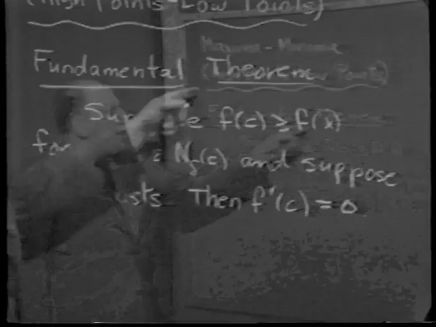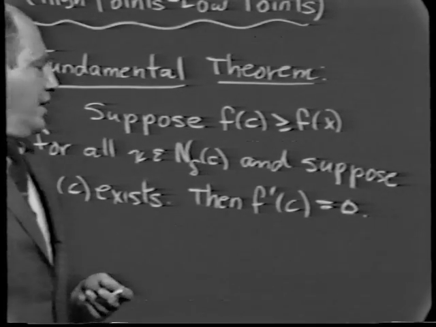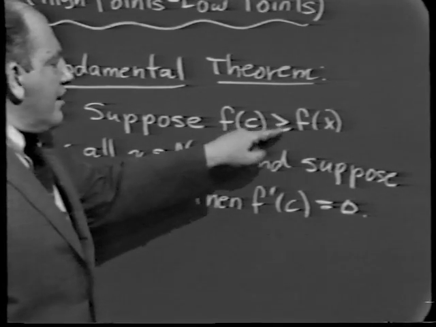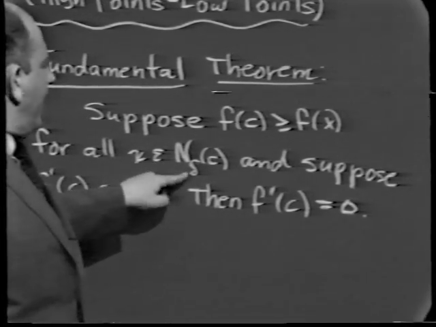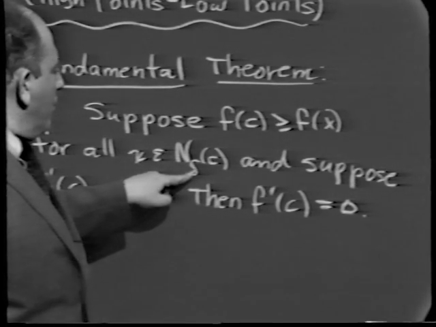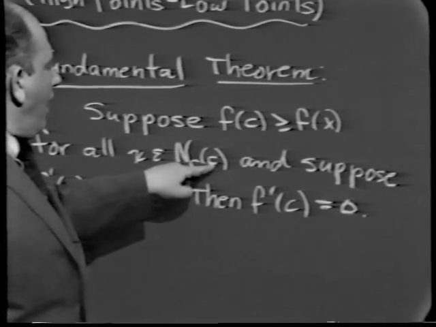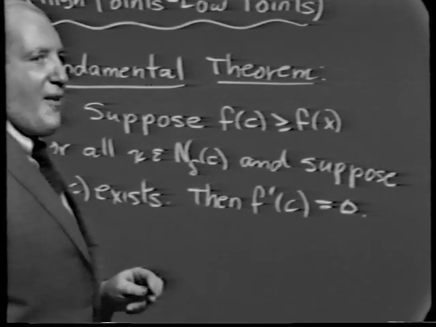And in this context, what I call the fundamental theorem for a study of maxima and minima is the following. Suppose that f of c is at least as great as f of x for all x in a delta neighborhood of c. In other words, we have some open interval of width delta surrounding c, and for all x in that neighborhood, f of c is at least as great as f of x.